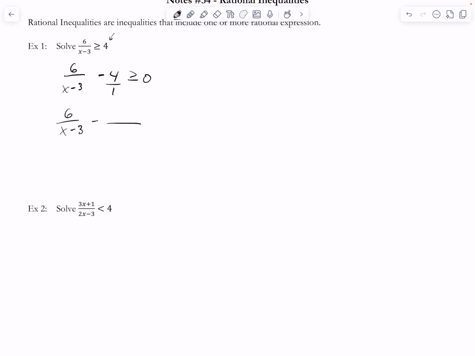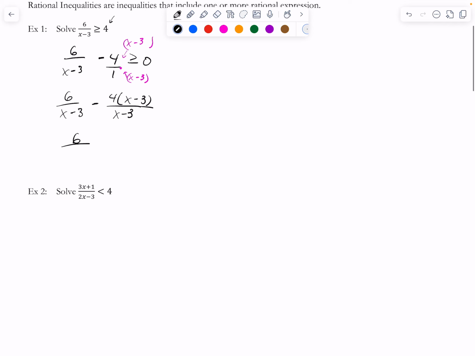I need this to be x minus 3 as well, so I'm going to multiply the top by x minus 3 and the bottom by x minus 3. That means I'm going to have negative 4 times x minus 3 on top. Let's distribute the 4 with the negative to get negative 4x plus 12.